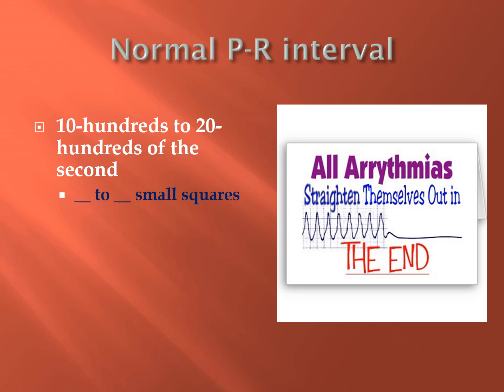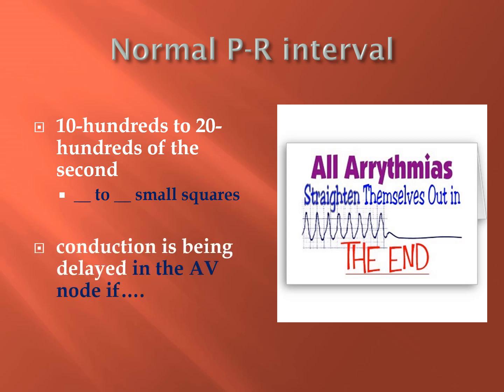Conduction here is being delayed in the AV node if it's greater than 0.20. So what does that mean? Something is slowing conduction from the AV node to the rest of the heart. This could be something like a heart block.